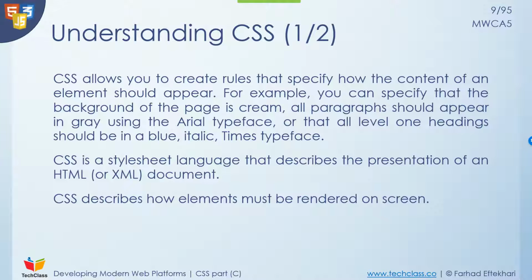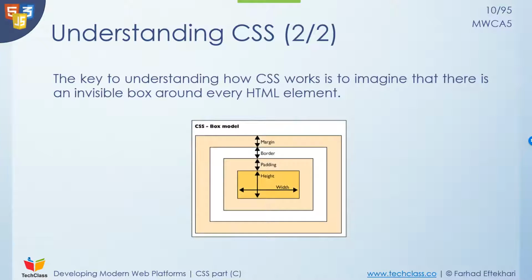CSS describes how elements must be rendered on a screen. And the key to understanding how CSS works is to imagine that there is an invisible box around every HTML element. By imagining that invisible box, you can think about the padding, border, margin, and the height and width of the box.